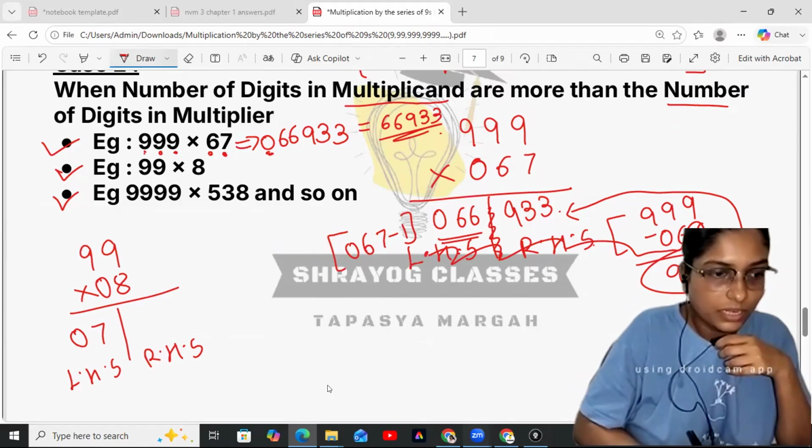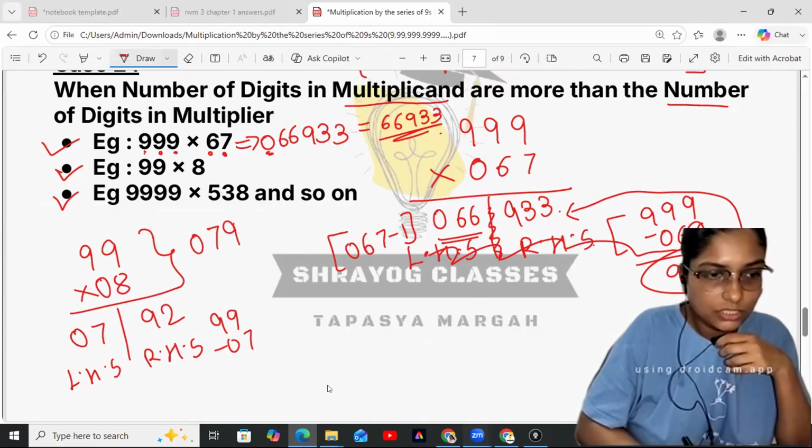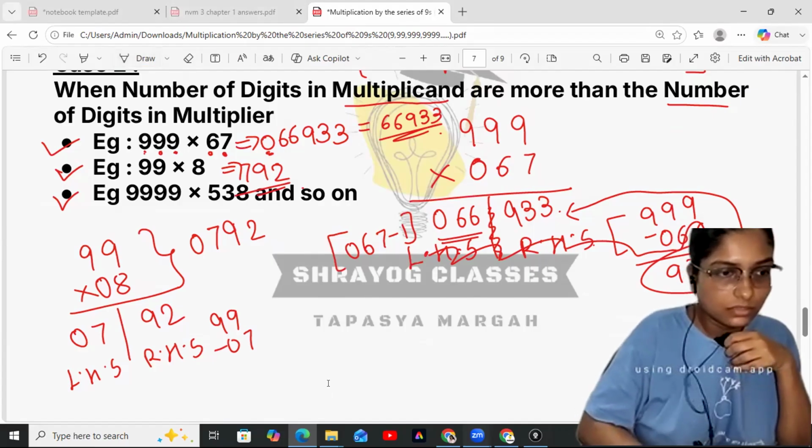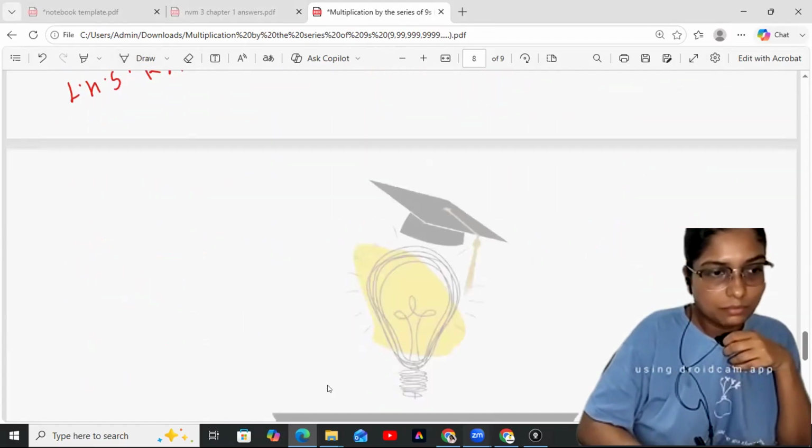Here, after subtracting 99 minus 07, I get 92. So the total answer for this multiplication is 0792. So 792 is the answer. You can try example 3 as homework.